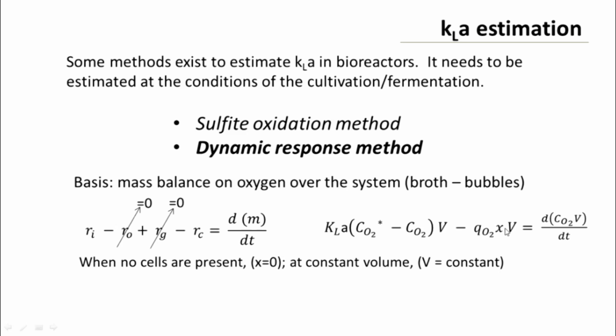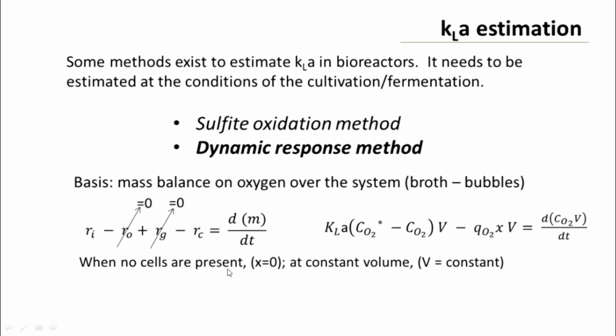Therefore, you need to multiply it by the cell concentration to get mass per volume per time, and then multiply by the volume to get mass per time. The specific oxygen consumption rate is the name for QO2. We will probably look at that later; maybe it's not very relevant for KLa. If needed, we'll take a look at that.